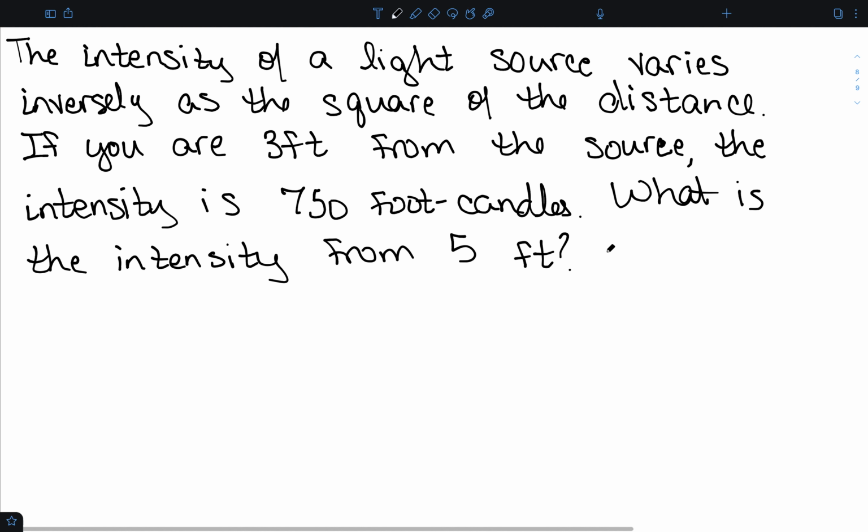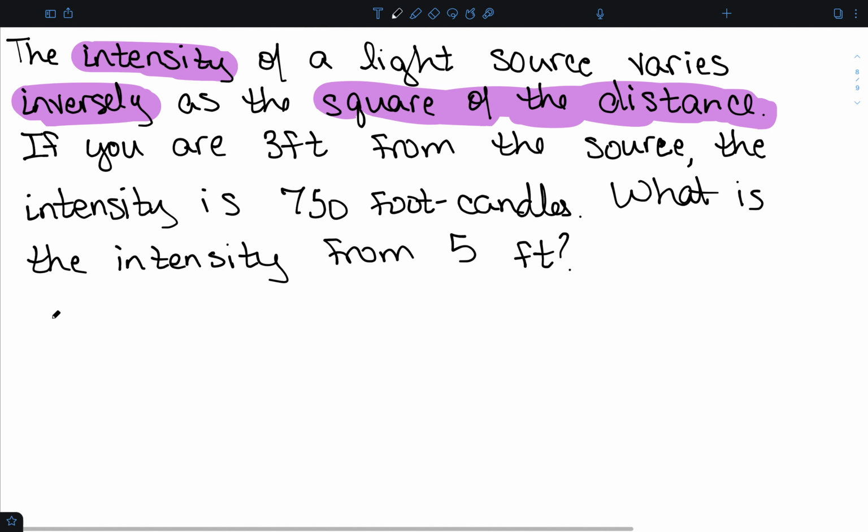The intensity of a light source varies inversely as the square of the distance. So this tells me that intensity is going to vary inversely as the square of the distance. This tells me that I, for intensity, is going to be equal to a constant over, since I'm inversely, the square of the distance, so d squared. My next sentence, if you're 3 feet from the source, the intensity is 750 foot candles.